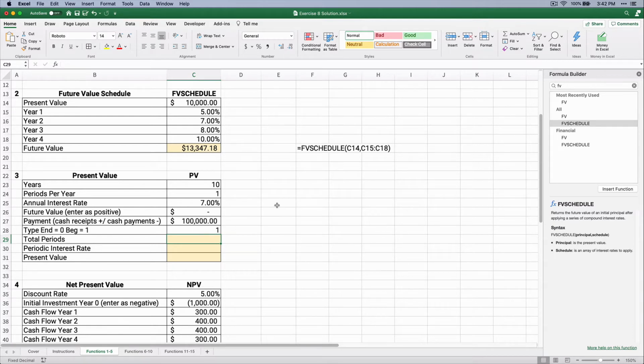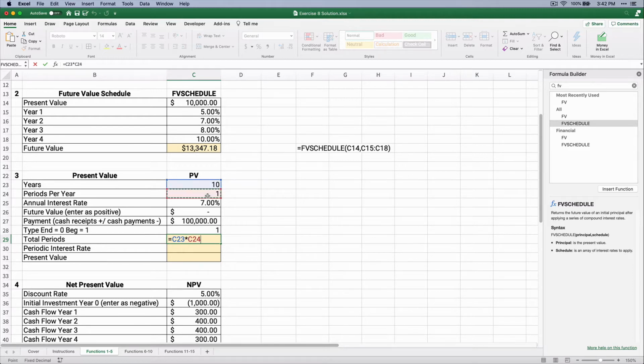So this would be, you have received some kind of settlement, and they're going to pay you $100,000 starting today, the beginning of each year for 10 years. So that's 100,000 times 10. That's $1 million total. So what's our total periods? Our total periods is going to be 10 years times 1.